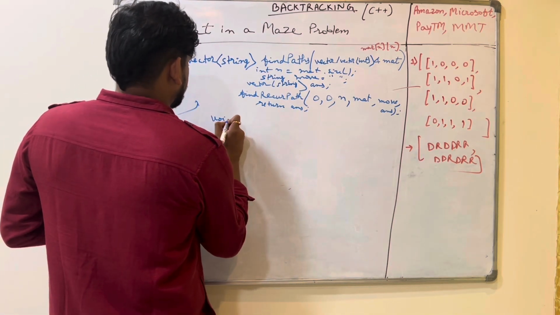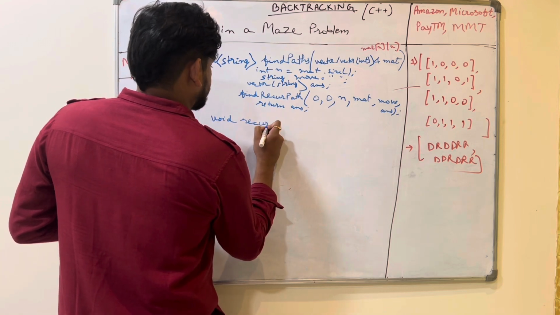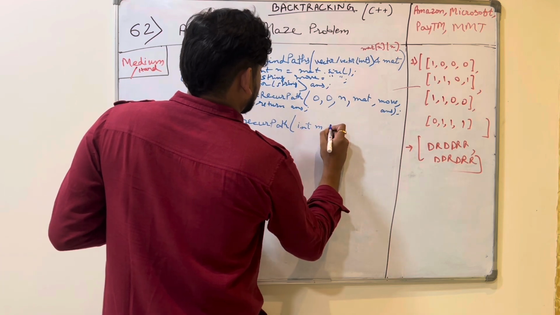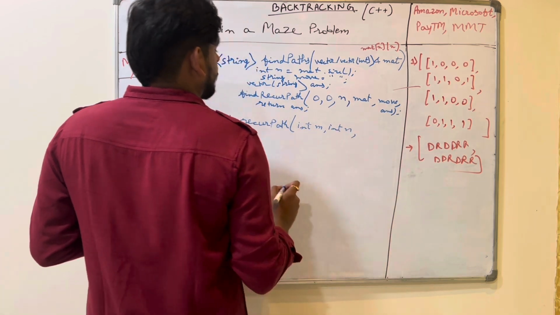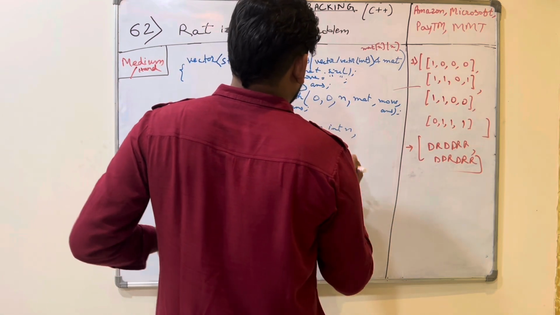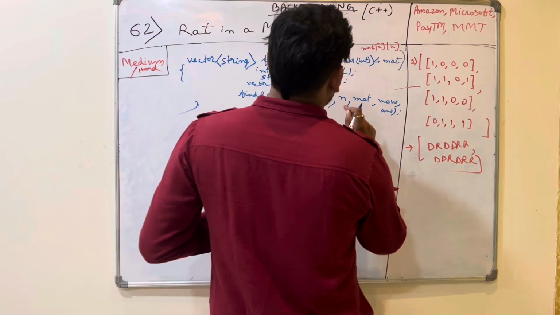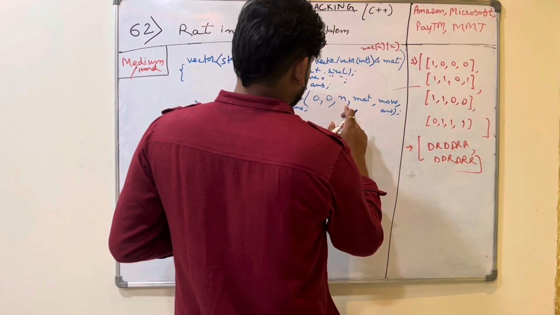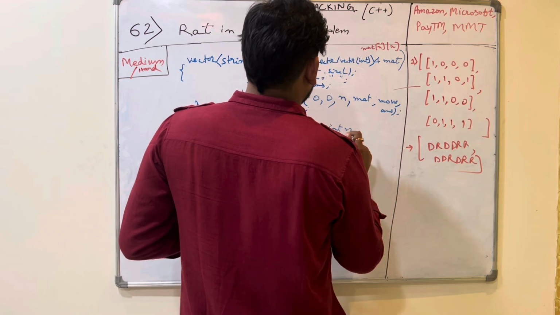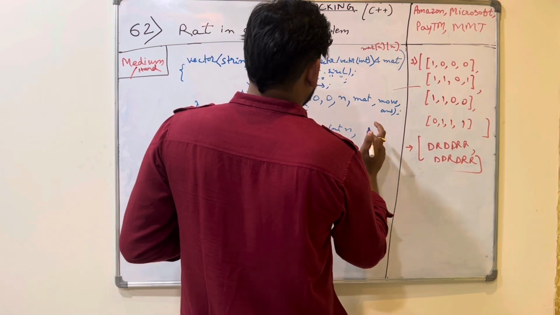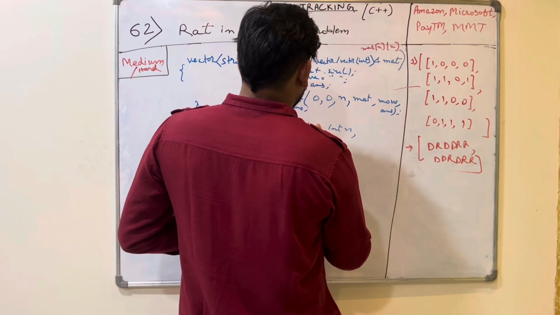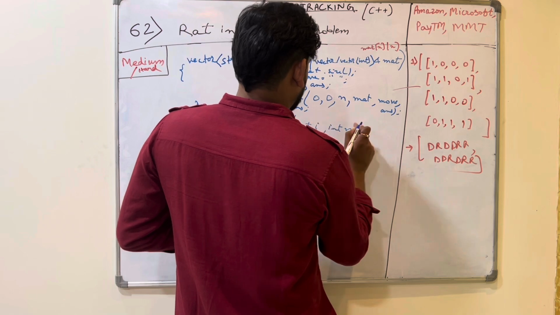So void recur path, where we have int n. N is the size, right? So this is i j, we can name it as m n, or we can just use int i and int j.